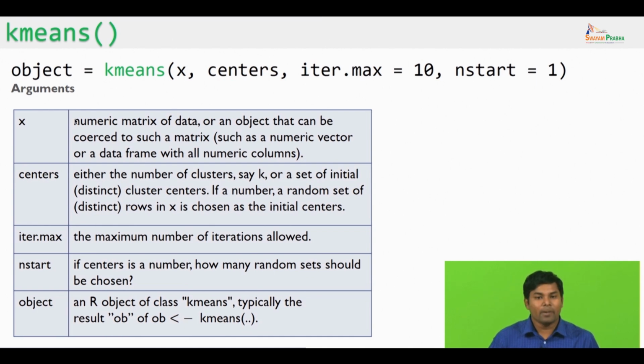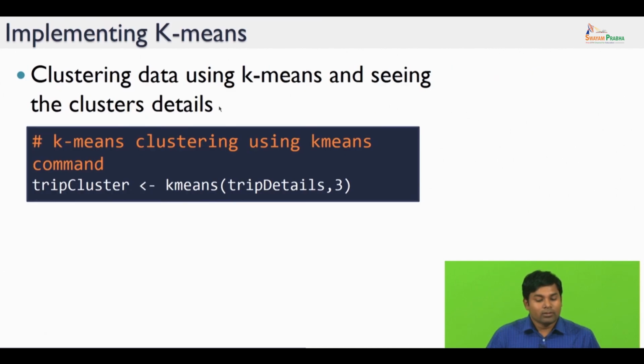Let us now implement this k-means algorithm on our data. This is what we are essentially doing: we are clustering our data using k-means, and we can see what details kmeans gives as output.